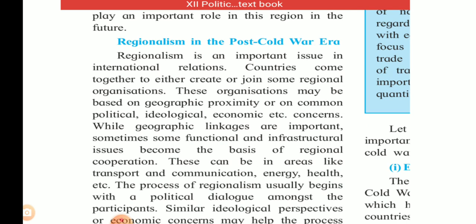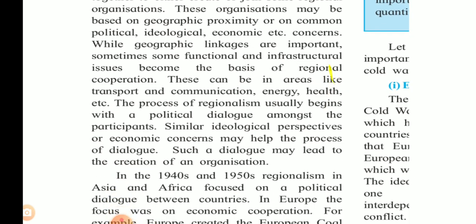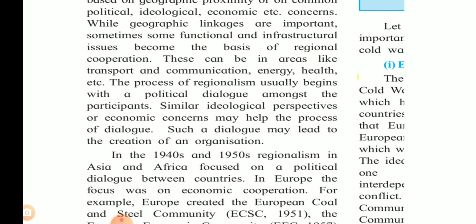Similar ideological perspectives or economic concerns may help the process of dialogue.